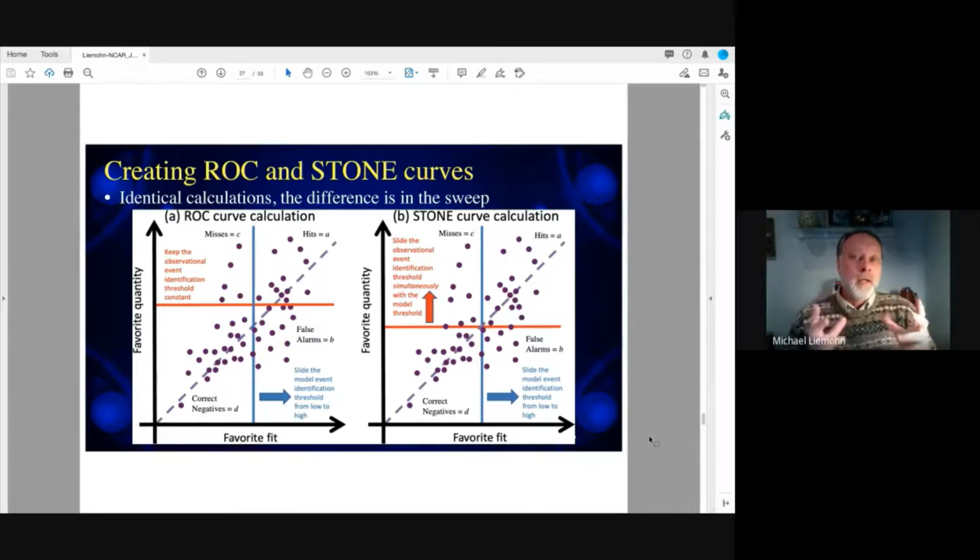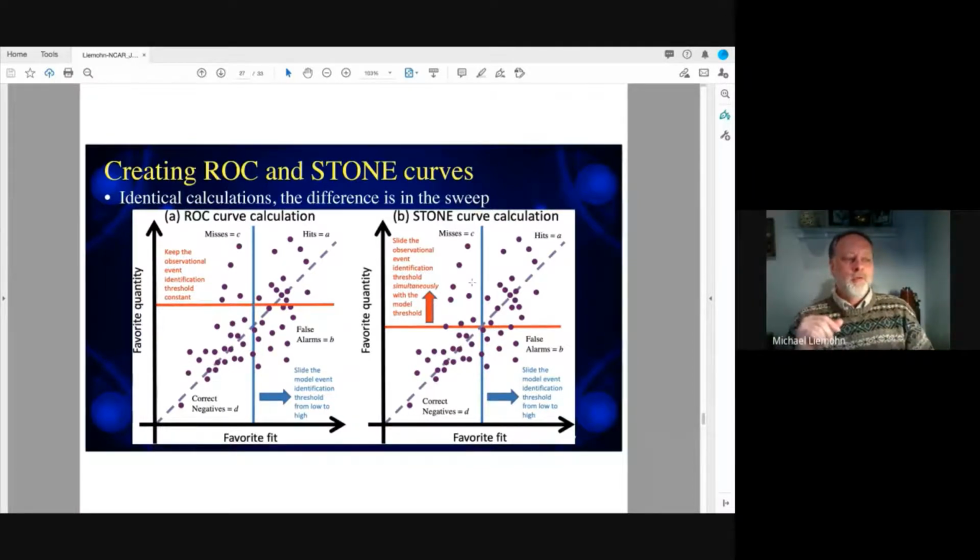In producing these, you're going to plot probability of detection against probability of false detection, which are the two discrimination metrics from subsetting for event detection. And so that means that POD is only above the red line, POFD is only below the red line. So therefore, these numbers will change monotonically as you sweep the blue curve from left to right.